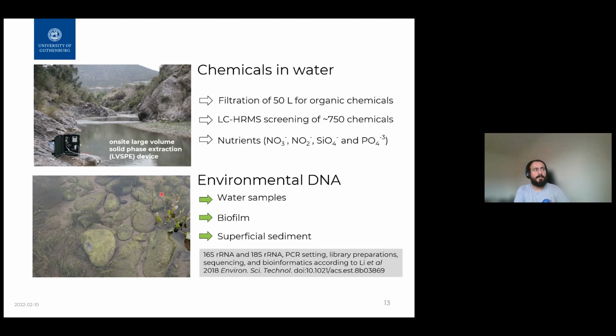Now, from an environmental DNA perspective, we collected eDNA from 3 different environmental compartments. So fresh water, surface water, biofilm, that is like in the photo here, you can see all these greenish organisms growing on that solid surface, and surface sediment. Why did we take from these 3 different compartments?